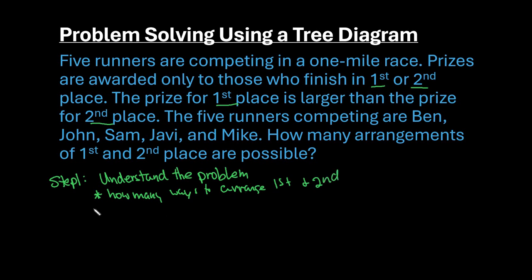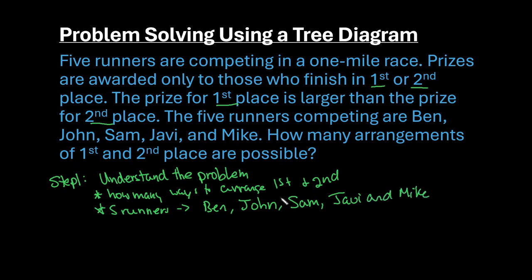That's what we're looking for. We know that we have 5 runners. Those 5 runners are Ben, John, Sam, Javi, and Mike. Okay, so that's what we have, and we're trying to figure out how many different ways that first and second can be assigned.